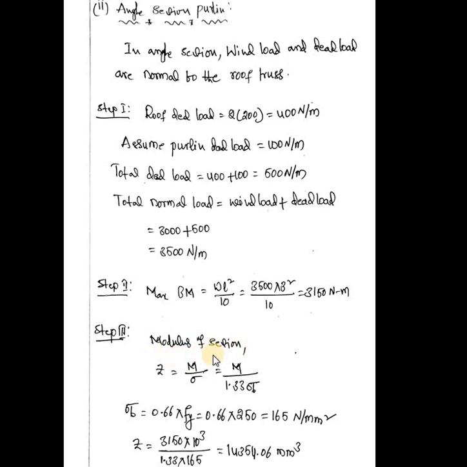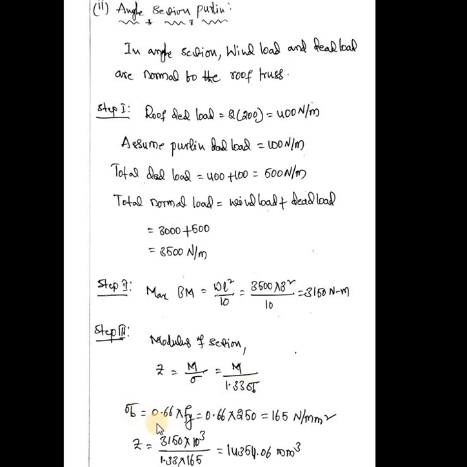how to calculate modulus of section for angle section, that is Z is equal to M by sigma. Here in the place of sigma we are considering permissible stress equal to 1.33 times bending stress. Therefore Z is equal to M by 1.33 sigma b.